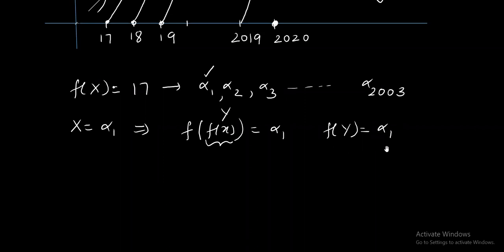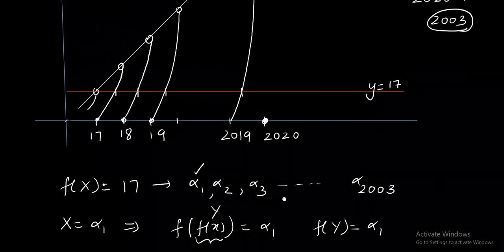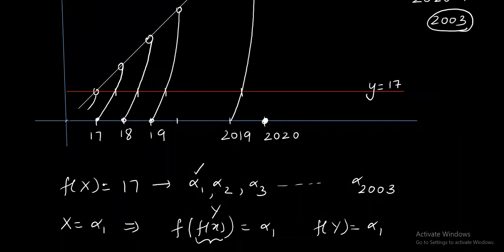If you want to solve this one, you just need to trace the graph of f(y), which is already there, and then a horizontal line y = alpha 1. So I'm going back to the graph. We'll trace y = alpha 1. But now the question is, where is alpha 1? You can see that this is the point that we have taken as alpha 1. The corresponding y, where will alpha 1 come? This is alpha 1.